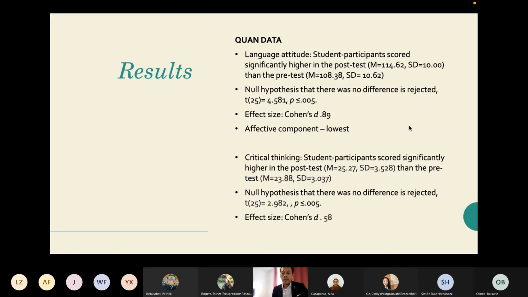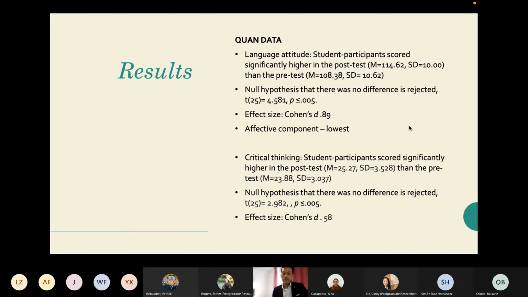It was found that the affective component in the language attitude test was the lowest, meaning that even though the students think highly of English and understand that it is important, they didn't actually like it. They have a very low attitude towards the subject and also the English-speaking community.